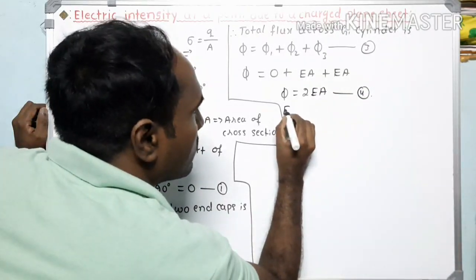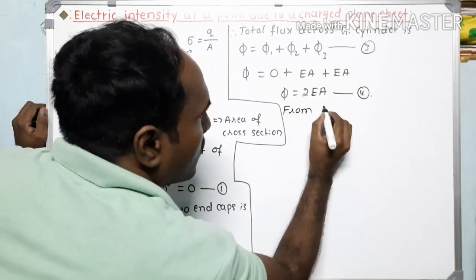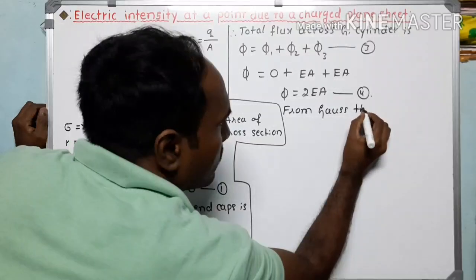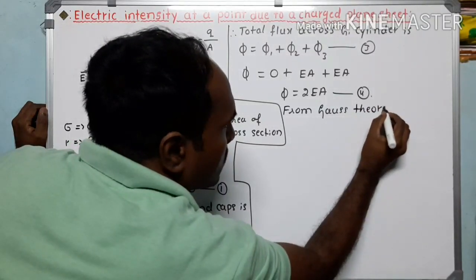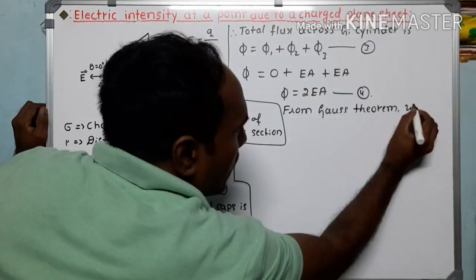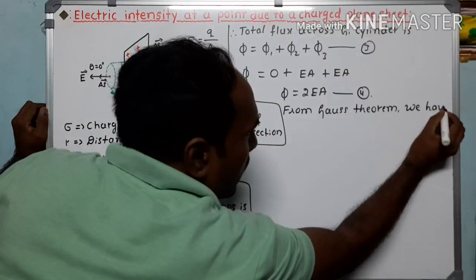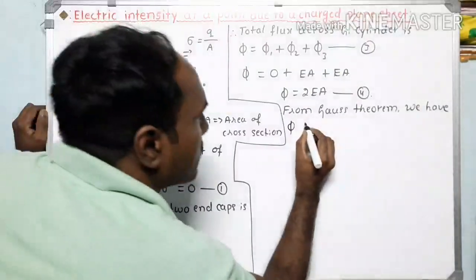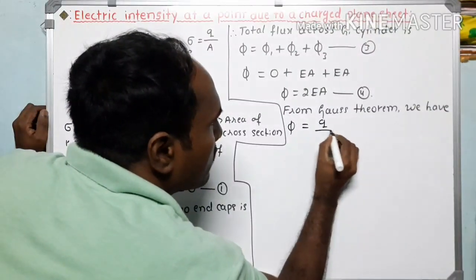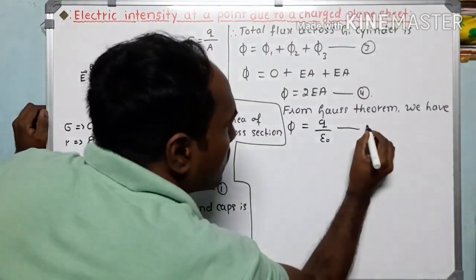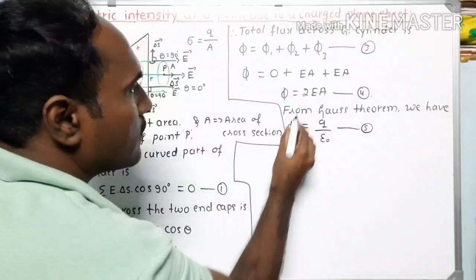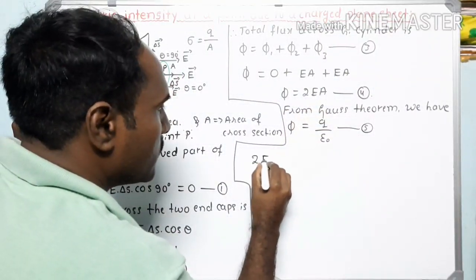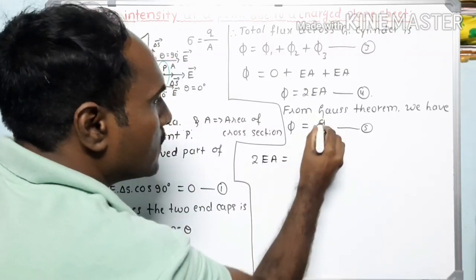From Gauss theorem we have total flux across this Gaussian cylinder is equal to Q upon epsilon naught, called it as equation 5. Here flux across this Gaussian cylinder is 2EA. Q is what?